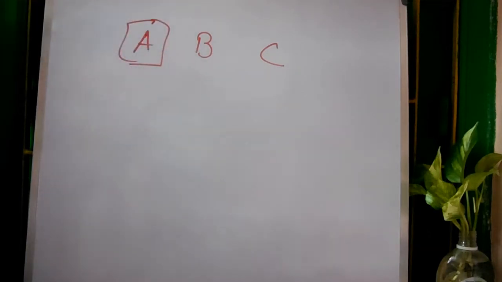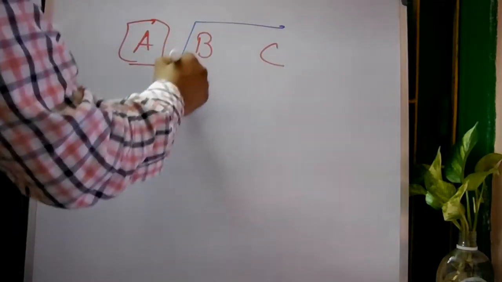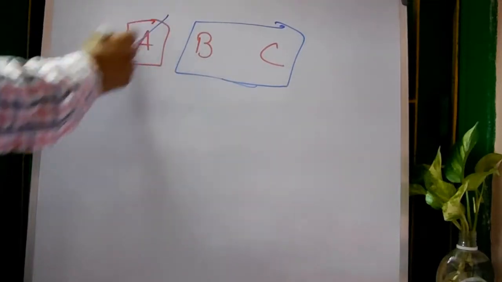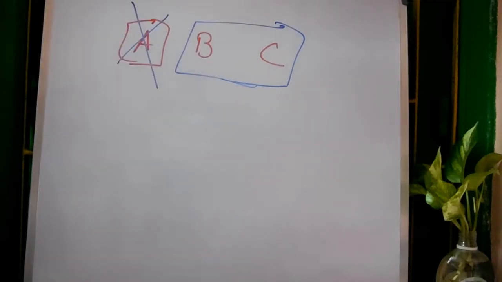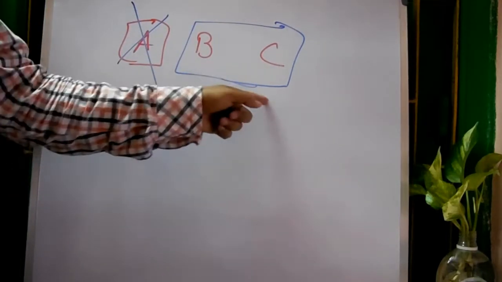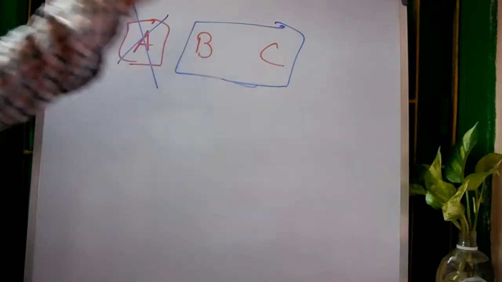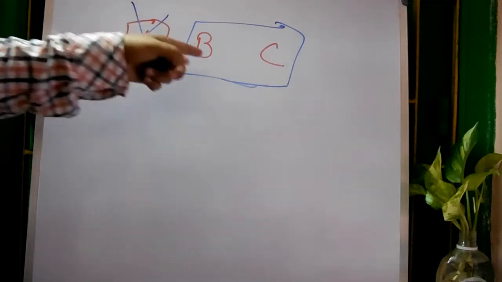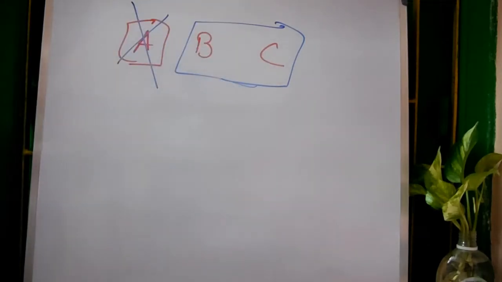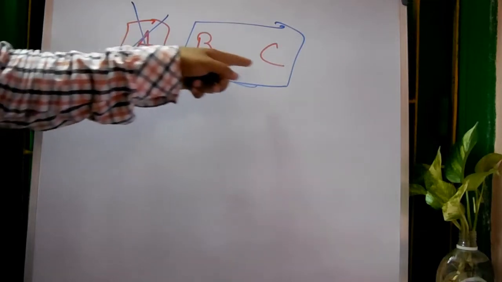If A is not greater than both B and C, that means A cannot be the maximum. So in the else part we will apply one more if statement and compare the remaining two, because either B or C will be the maximum. In the else part we will start comparing B and C. First we check whether B is greater than C or not.